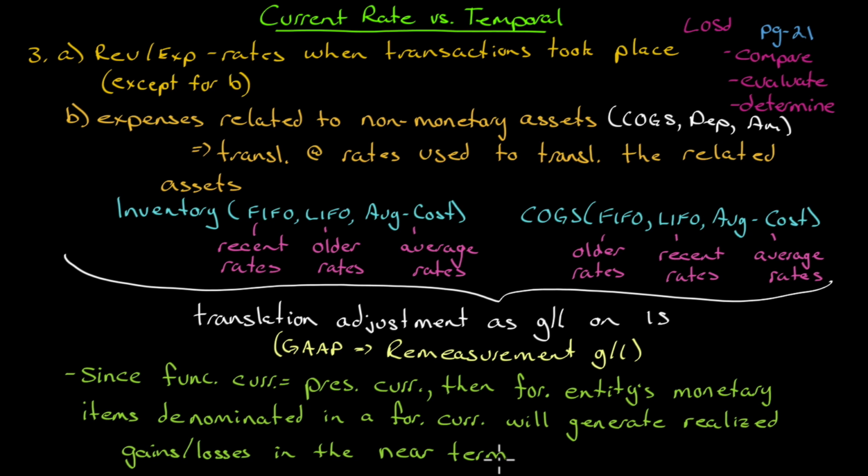But if I only have certain monetary items on my balance sheet at risk, it's only going to be a matter of a number of days before the inventory turns over, before the cash gets used for something or new cash comes in. It'll always be turning over, which means they'd be realized at a much faster rate because it's only the accounts themselves that are exposed, not the entire investment. If that's the case, then send it right to the income statement.